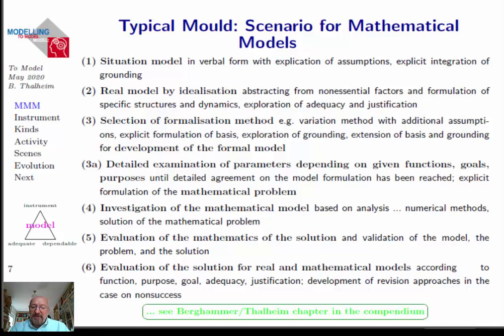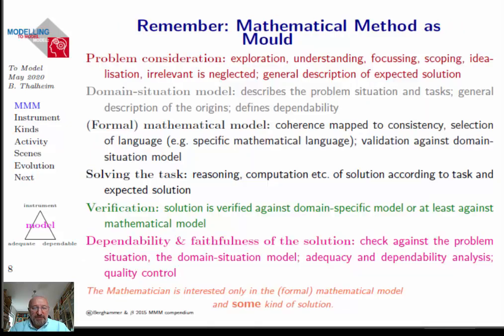Then we investigate the mathematical model. Then we evaluate the solution. And finally, we evaluate the solution for the real or the mathematical models. That means in this case, we have at least 6 steps as a procedure for how to deploy, how to use a model, and how to develop a model in the mathematical modeling mold.